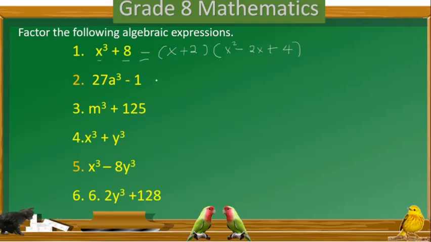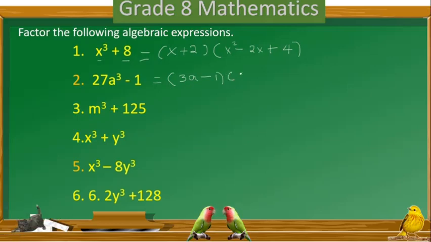Okay, for the second, we have 27a cubed minus 1. The same, find the cube root of 27, that is 3. The cube root of a cubed is a. Then copy the sign. The cube root of 1 is 1. Then next, square the value of the first term, that is 3a.